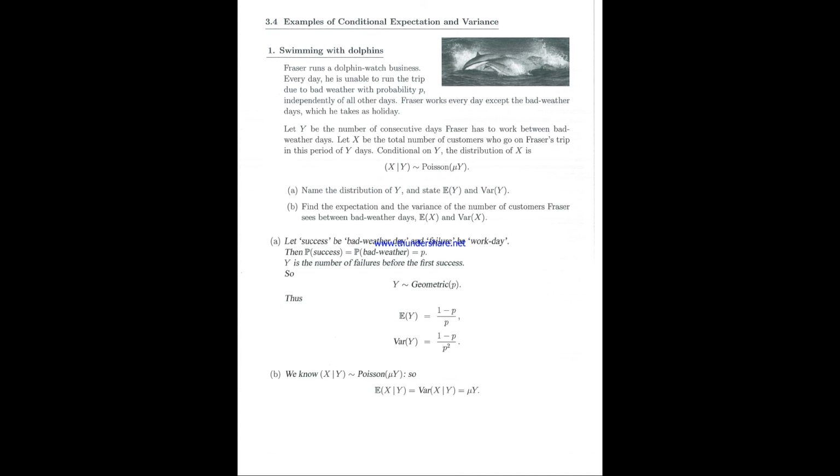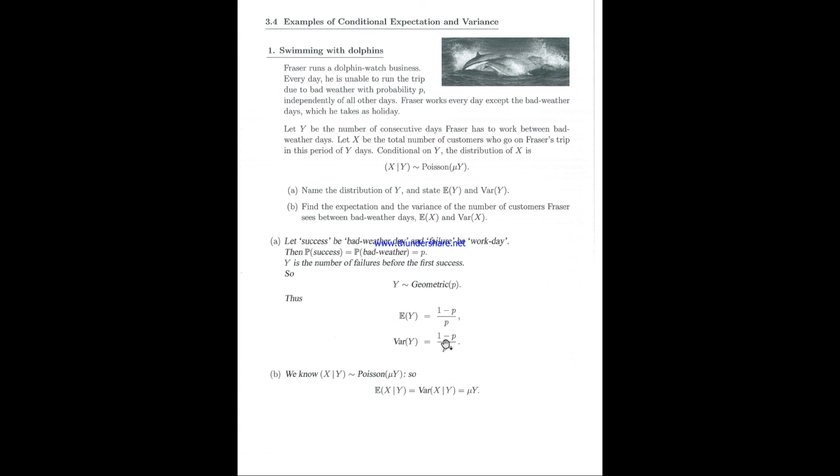So we can identify y as having a geometric distribution, and they have given us the probability of a bad weather day, that is simply p. So y has a geometric distribution with probability p.